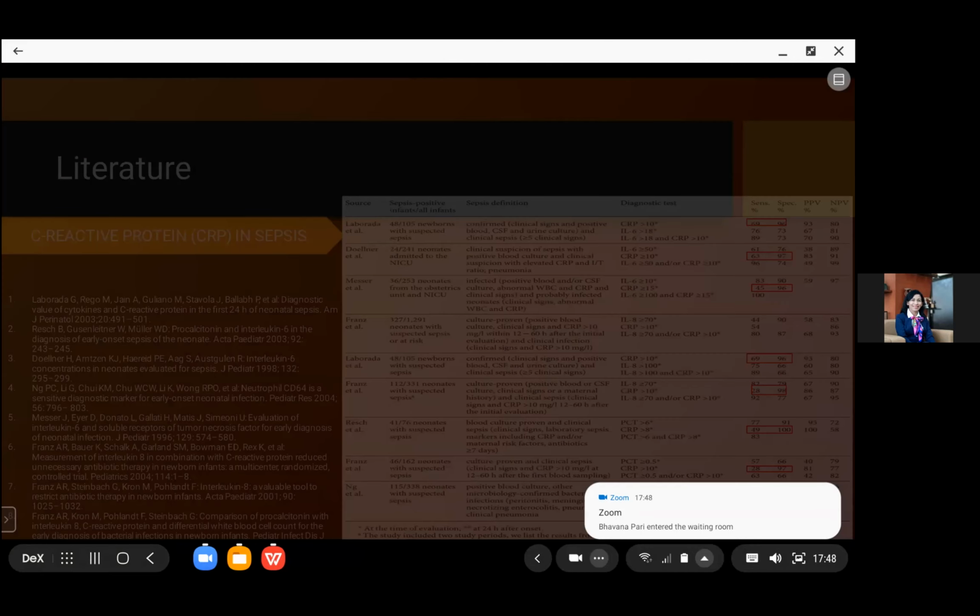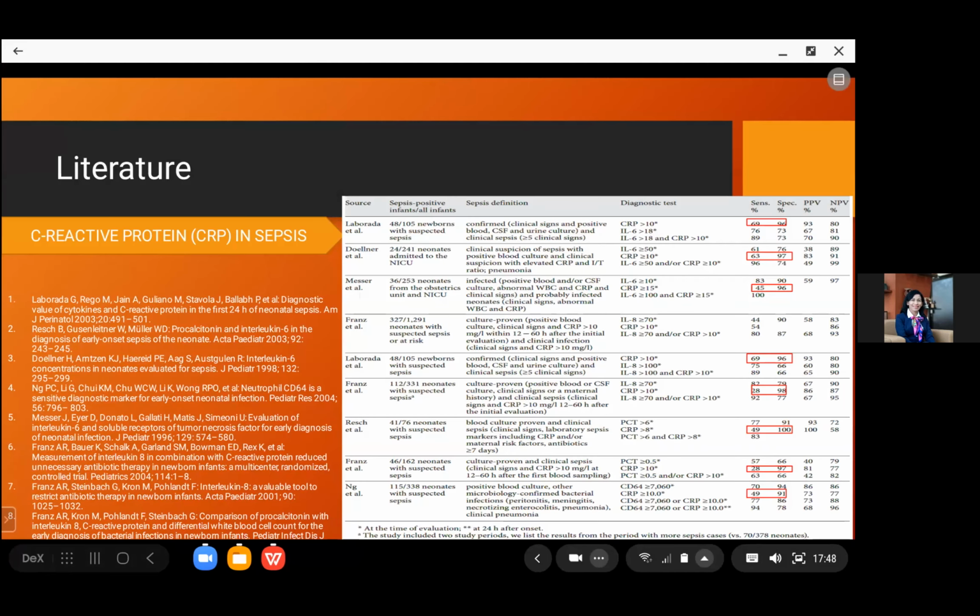In this slide, we can see the sensitivity of CRP in 8 studies with neonate subjects with different cutoffs, more than 8, more than 10, or more than 15.